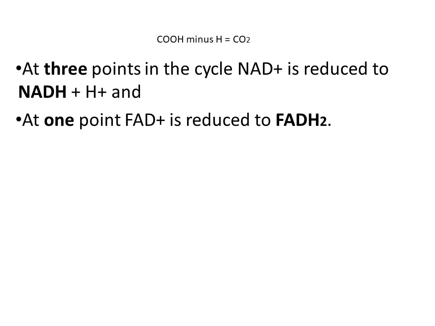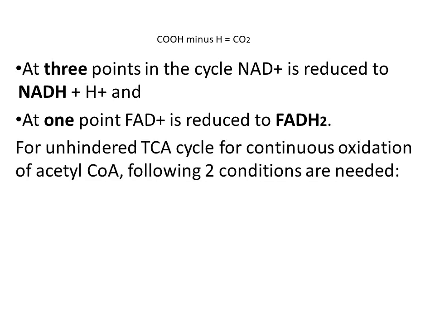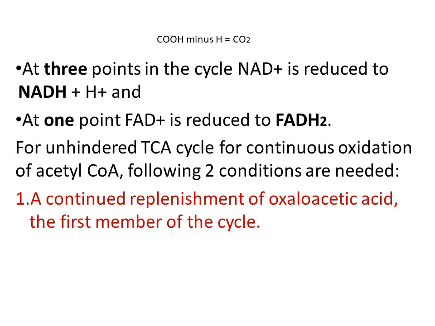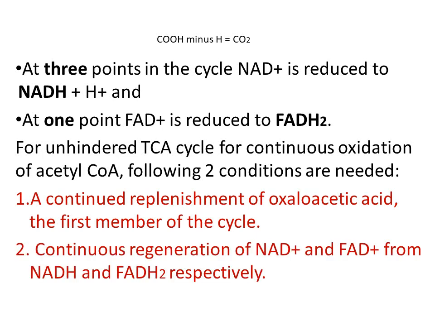For the TCA cycle to continue unhindered, we require two conditions: a continued supply of oxaloacetic acid, which is to be replenished, and a continued regeneration of NAD and FAD also. So the H atoms accepted by NAD and FAD have also to be continuously removed, which is done through the electron transport system.